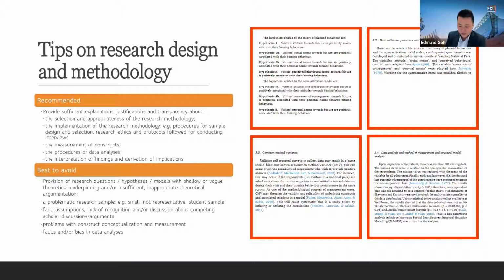And then we tend to be more reassured that this research design and study has gone through a rigorous methodology process. And that's something we actually look for. So it needs to be transparent enough.